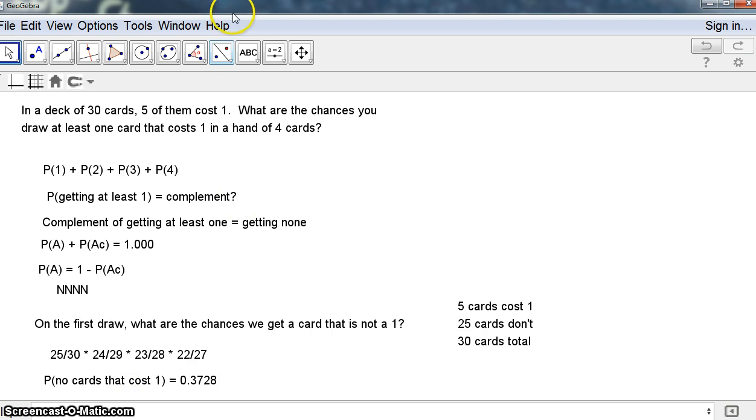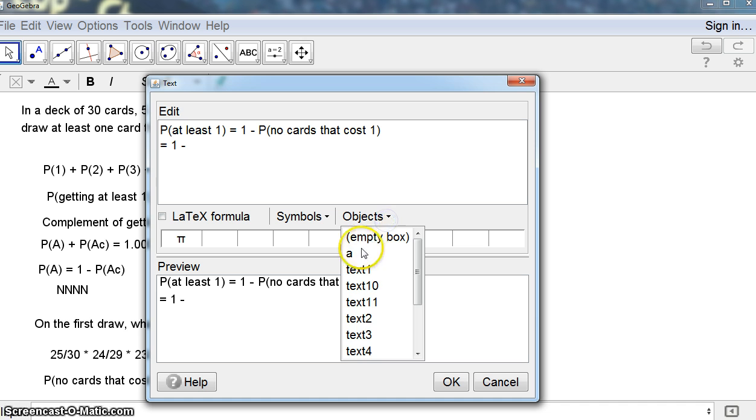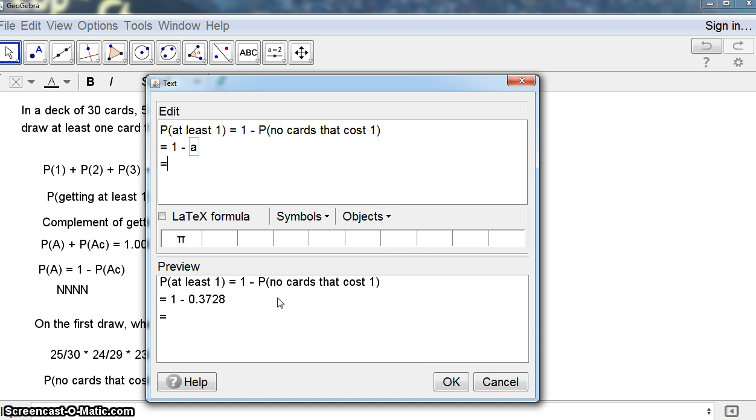To finish this, all we need to do now is say that the probability of at least 1 is equal to 1 subtract the probability of no cards that cost 1. So we get 1 subtract this number.